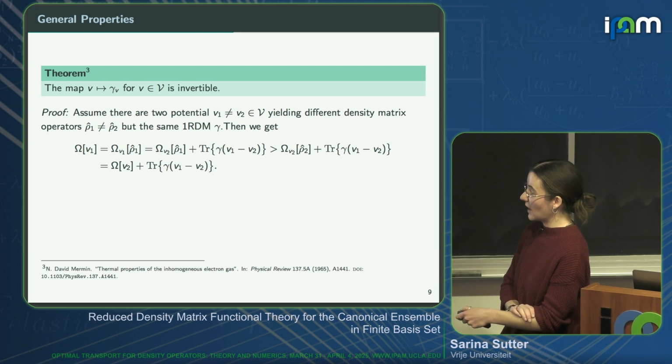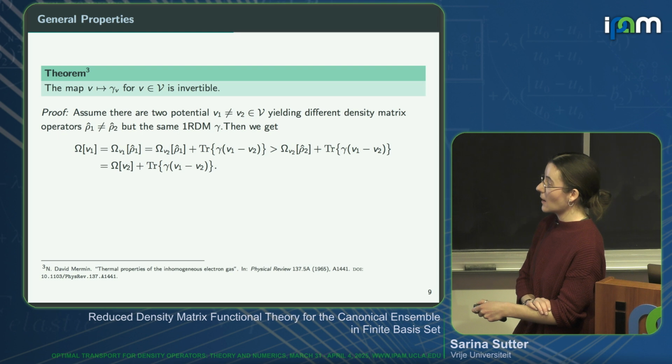So here we have the addition, but then of course we need to subtract it. But to subtract it, we don't need the full density matrix rho 1, but only the 1-RDM of rho 1. So we can just compute it with our 1-RDM. But this expression here is strictly larger than the Helmholtz free energy, but now with density matrix rho 2, because of course rho 2 is our minimizer for our potential V2. And then we arrive at this expression here.